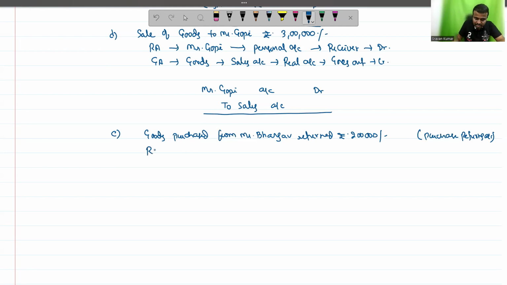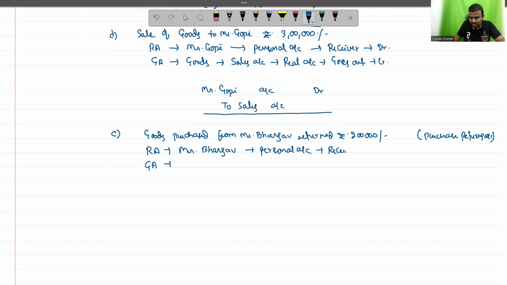Then what is the receiving aspect and what is the giving aspect? Coming to the receiving aspect, there is no receiving aspect, but there is a receiver. Who received the goods returned? Mr. Bhargav. Mr. Bhargav is a personal account. As per the personal account rule, debit the receiver, credit the giver.